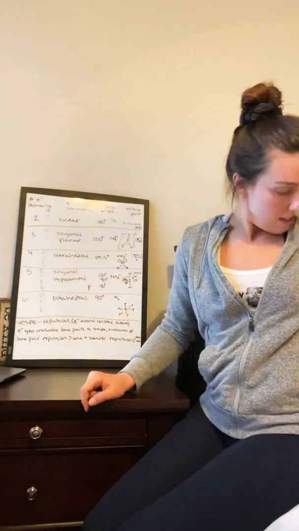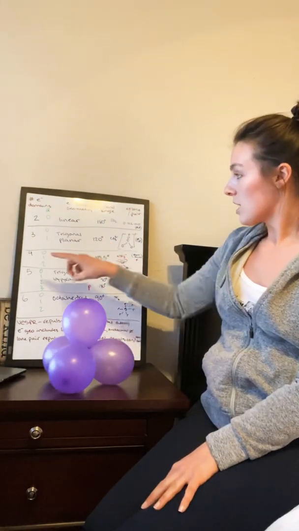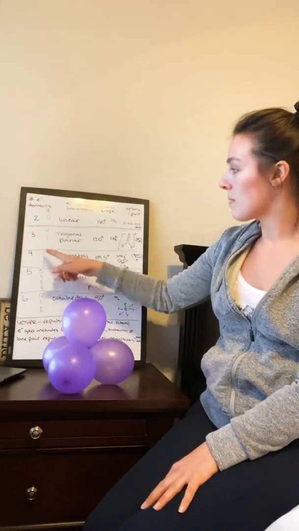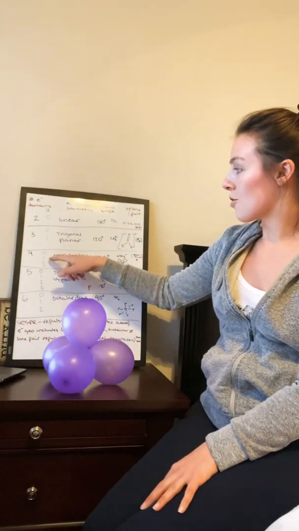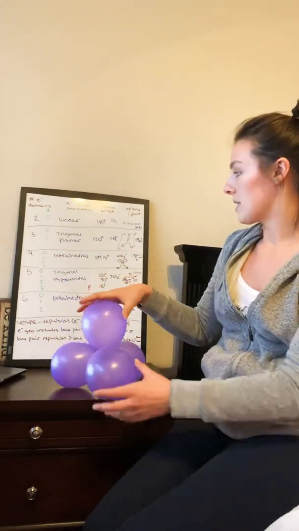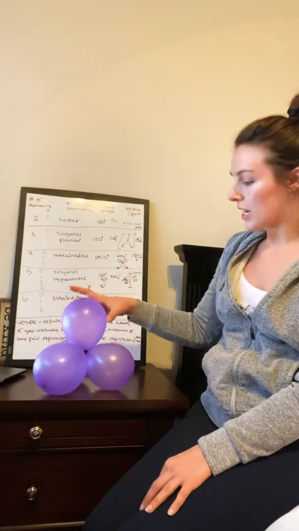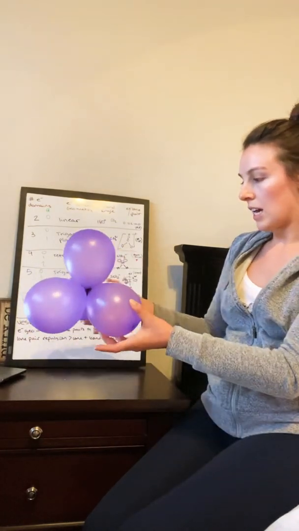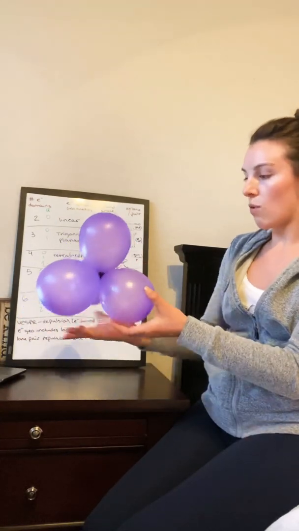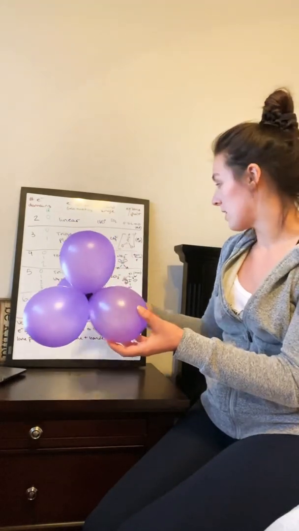All right, so the fourth one, tetrahedral. It has 4 electron domains. It could have 0, 1, or 2 lone pairs of electrons. This is a tetrahedral shape. The bond angle between these is 109.5 degrees. As we can see, 1, 2, 3, 4 bonds or electrons coming off of it.